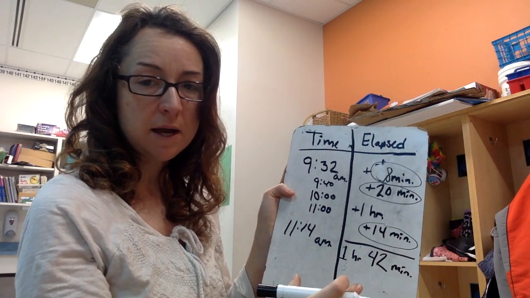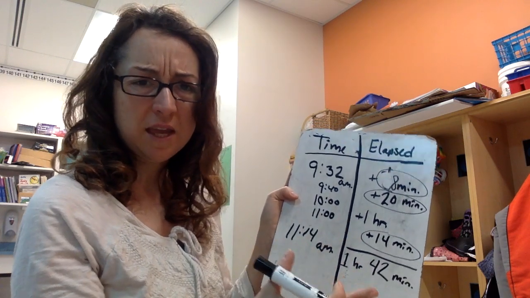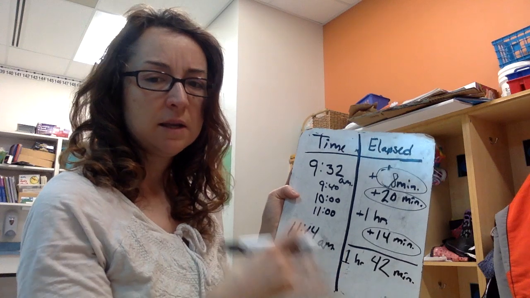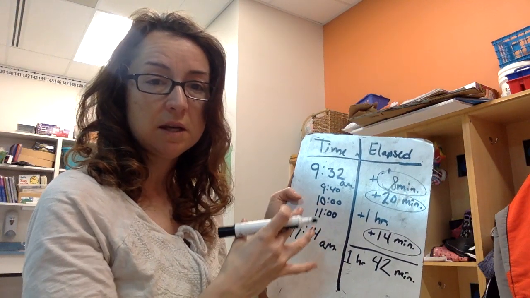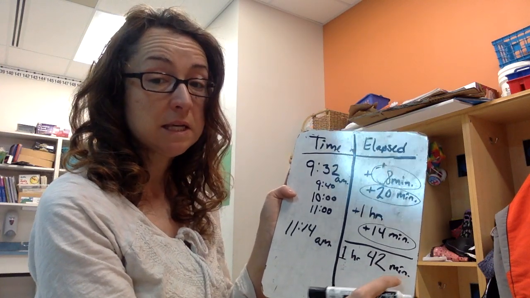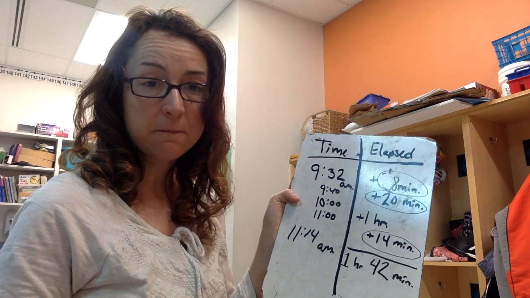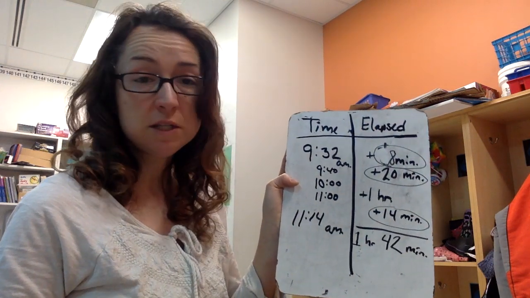That would mess up my time, okay? If I did that, then I might have 43 minutes, but that wouldn't be the case because I have 1 hour right here. That is a different unit of time. It is an hour rather than minutes. So you add your minutes together first, and then you add your hours together, okay? If you have any questions, just come ask.